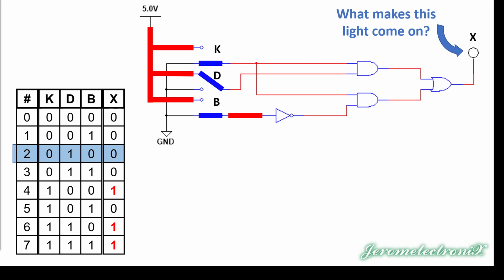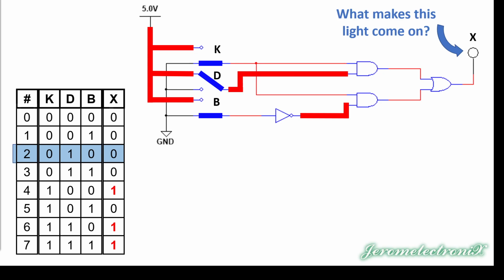Let's go to the next row. We've turned B off, and we've turned D on, so what's happening? Well, when we turn B off, B as in boy, that depressurizes the line before the NOT gate, which pressurizes the line after the NOT gate. The D is on, which means the D line is pressurized, and that is all.